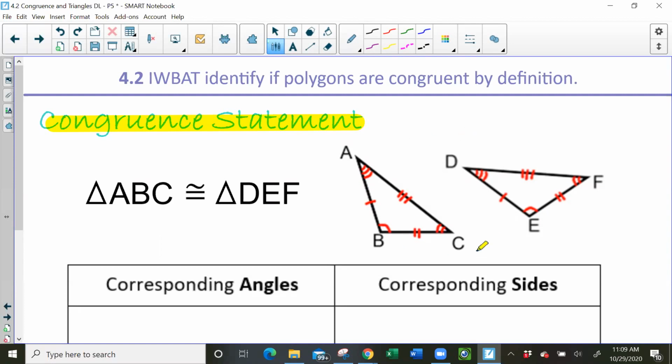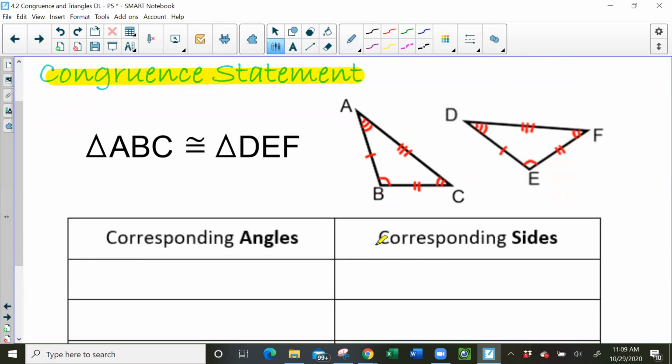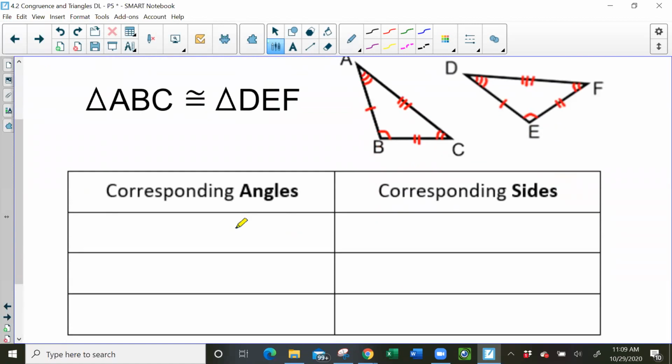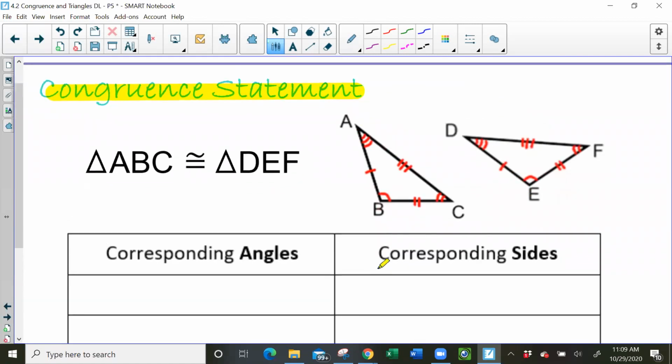Sometimes they'll just give you the picture and they'll ask you to name the corresponding angles and sides, and then you're going to have to use your picture. I would first, from your picture, write the congruence statement. But if they give you both, or if they just give you the congruence statement, you can still write the corresponding angles and sides. So let's do this first by looking at the picture.